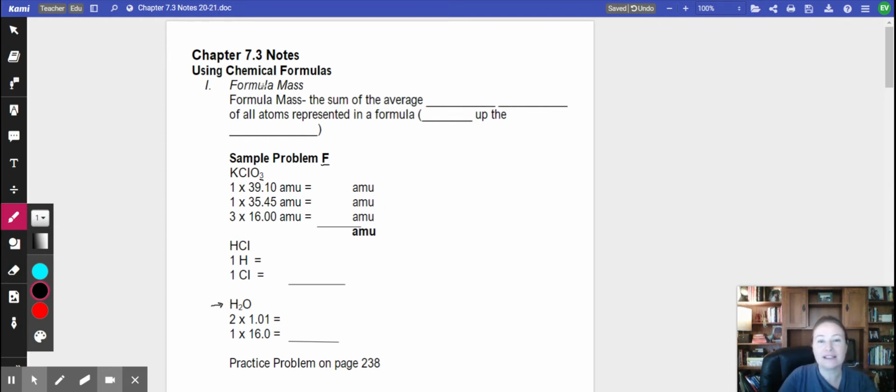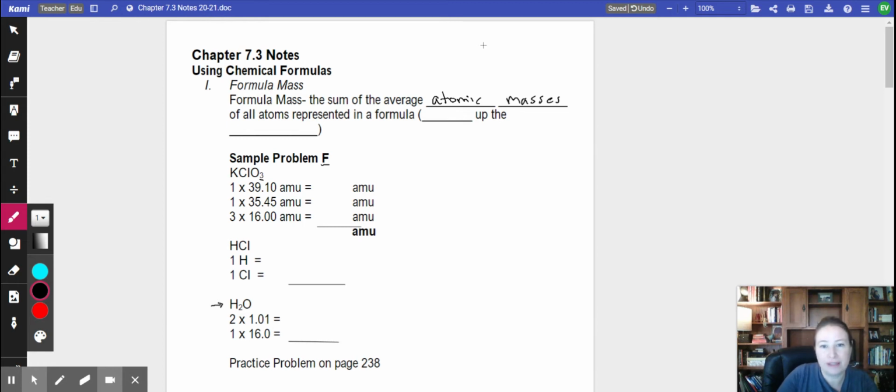The mass of the formula is going to be the sum of the average atomic masses. And remember that the atomic masses are found on the periodic table. It's the number with the decimal place, usually at the bottom of the symbol.